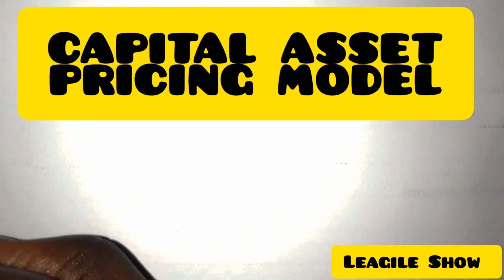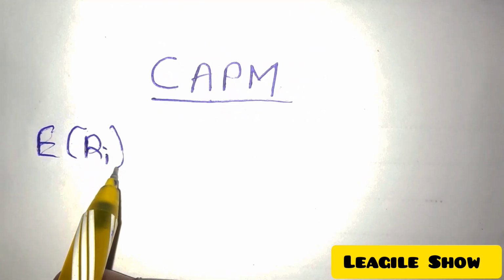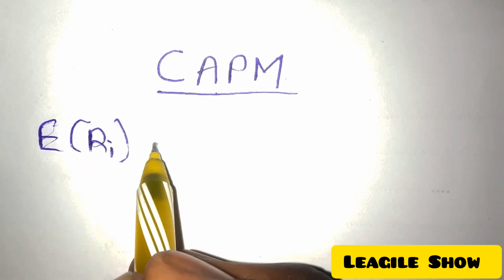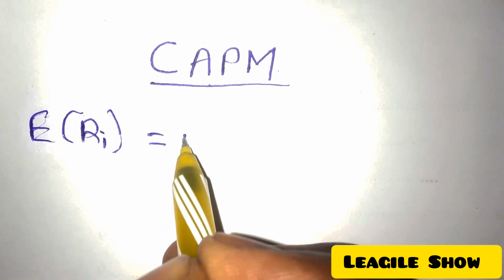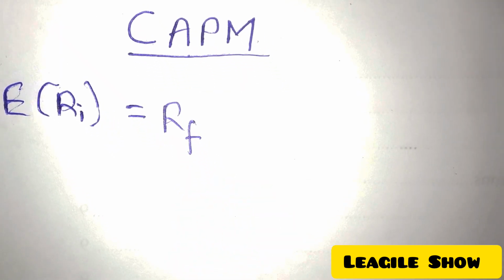So in this case, kindly check that the expected return of a security i will be given by RF. Do you know what RF is?